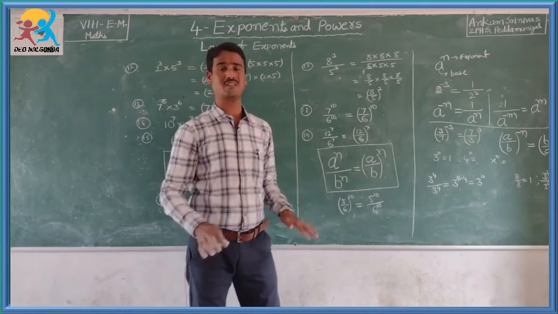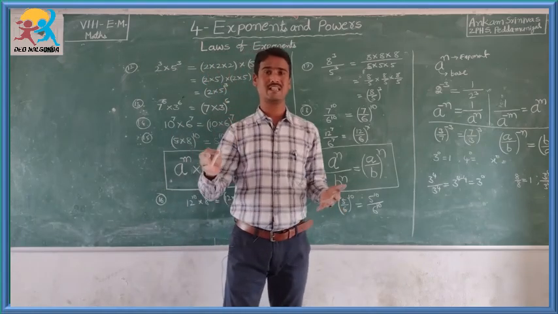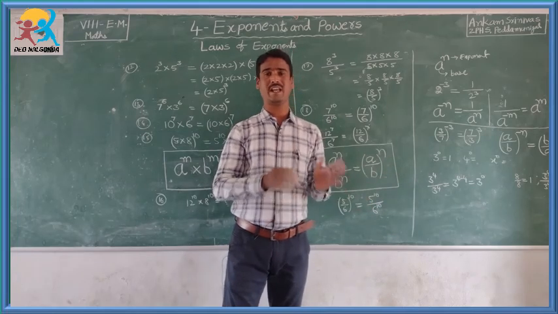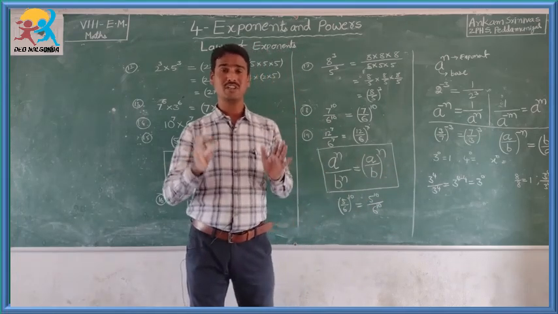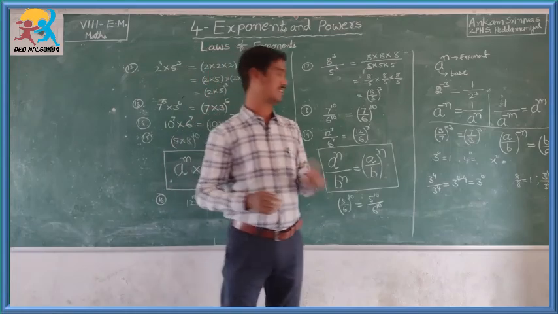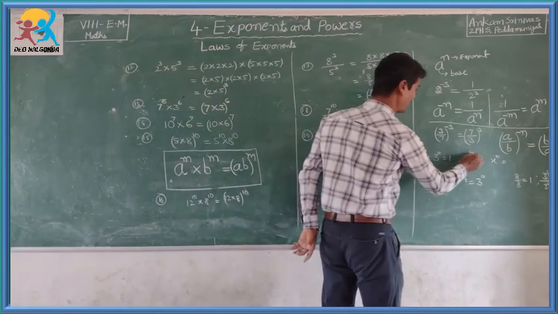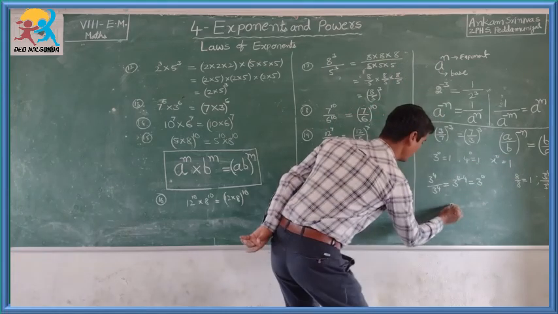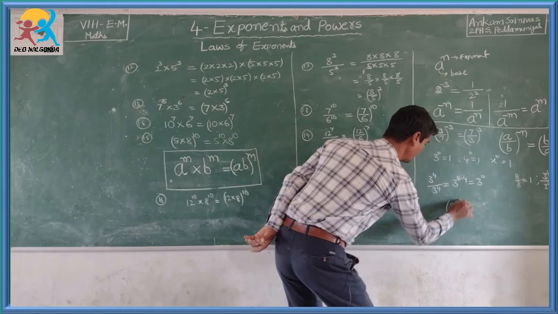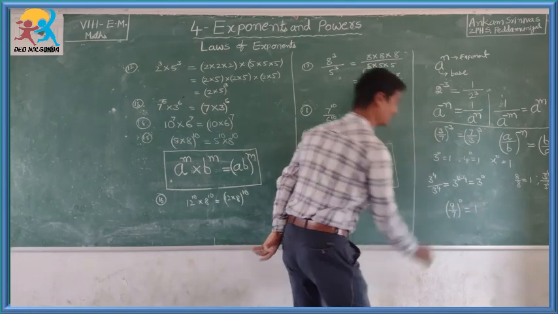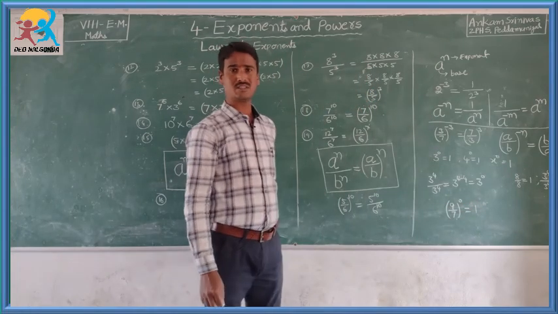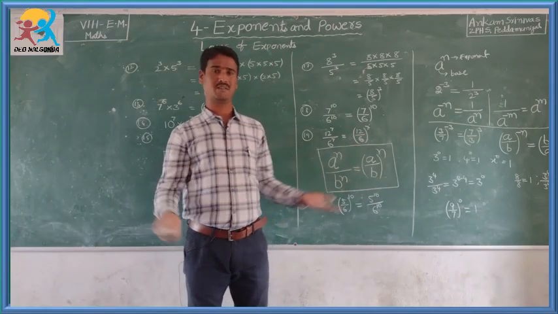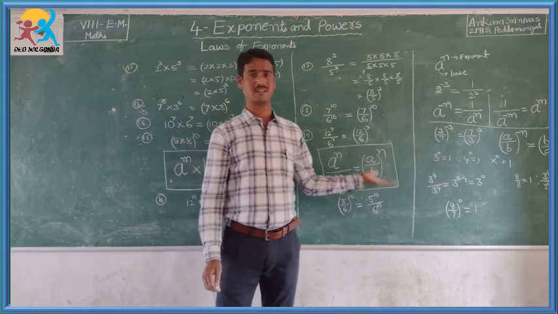For a non-zero base, if the exponent is 0, the power of any non-zero number is always 1. That means 4 power 0 is 1, x power 0 is 1, 9 by 7 whole power 0 also 1. So 9 power 0, 11 power 0, x power 0 always 1.